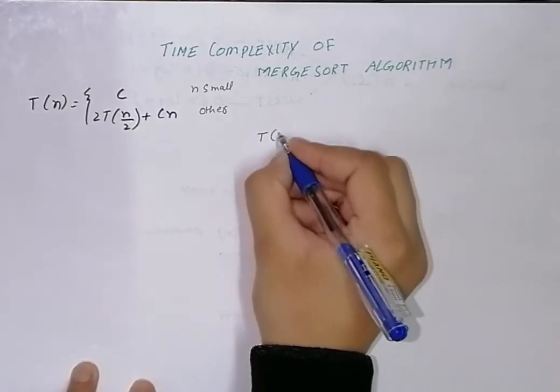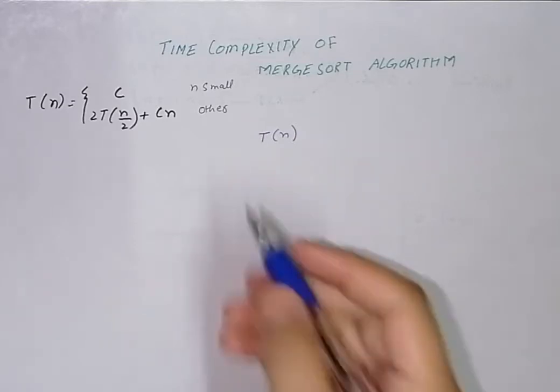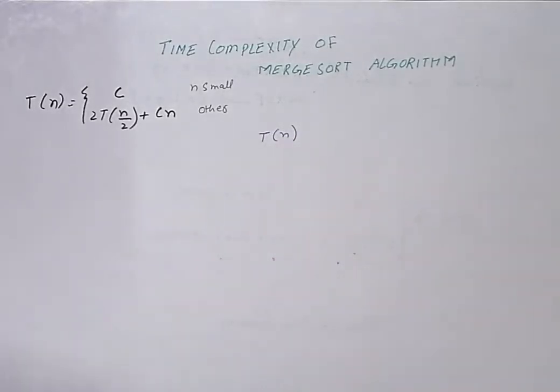We say that merge sort consumes T of n time, and every time this T of n is divided into two half parts, because we are splitting it into two different portions.